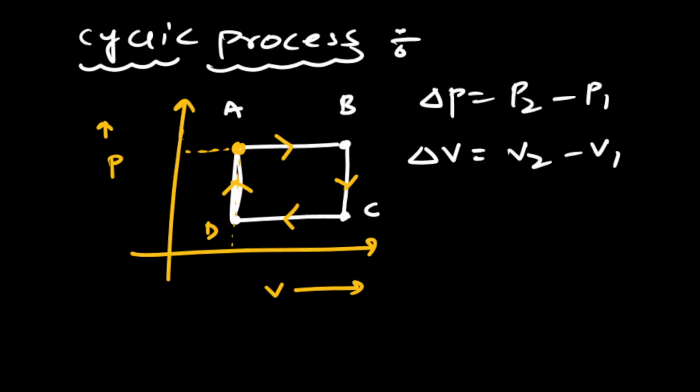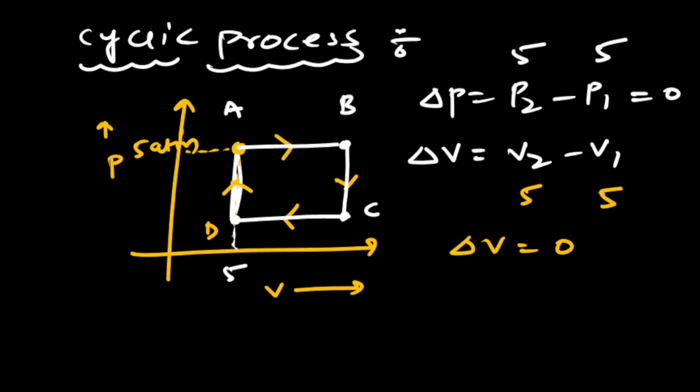Suppose this is 5 atm. I started with 5 atm and reached 5 atm, so the change in pressure will be 0. Suppose this is 5 ml. I started with 5 ml and reached 5 ml, so the change in volume will be 0.